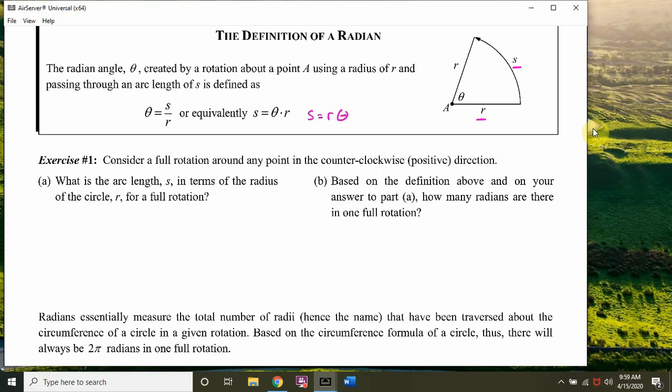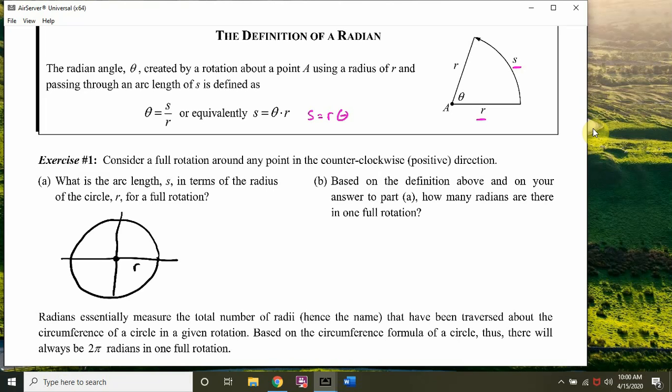Consider a full rotation around any point in a counterclockwise positive direction. Okay, you have a full circle, an entire rotation about a point. So we've got a full circle, okay? What is the arc length S in terms of the radius of the circle R?